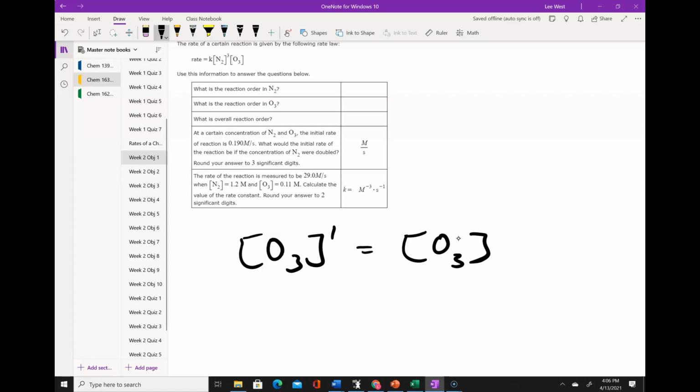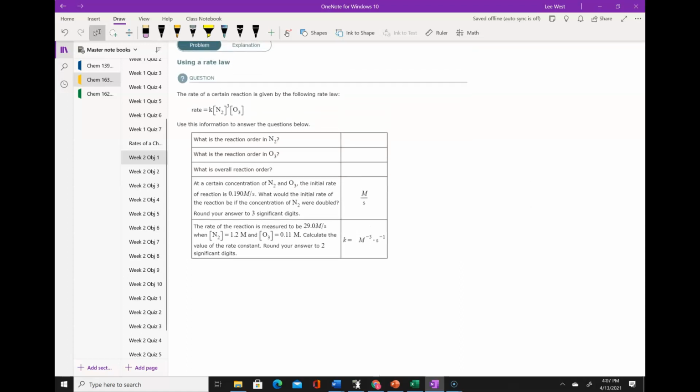We don't normally put the 1 in just because it's kind of redundant. So 3rd order in N2 and 1st order in O3, 4th order overall. The reaction order in N2 is 3rd. The reaction order in O3 is 1st. The overall reaction order, 3 plus 1, is 4th order.